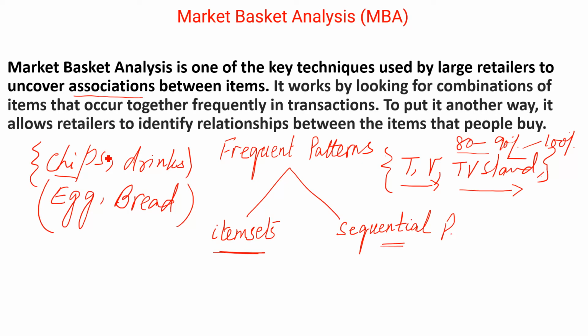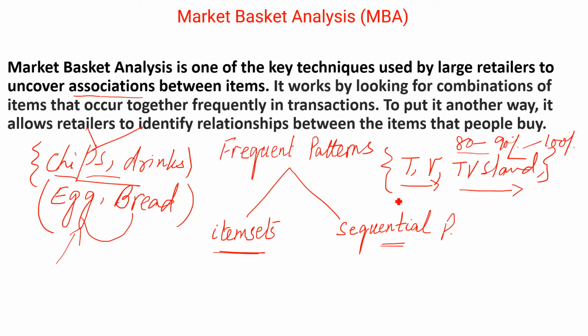So what will he do in this case? When the owner or the salesperson observes these item sets, normally they will put these two items together on the shelf, because when the customer comes, he or she will see these two items directly. Maybe he will put them on the same shelf, or maybe he will give some discount in order to make more profit.